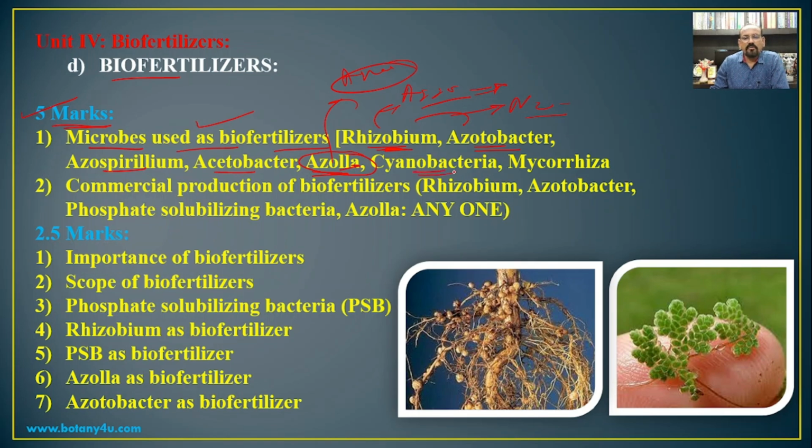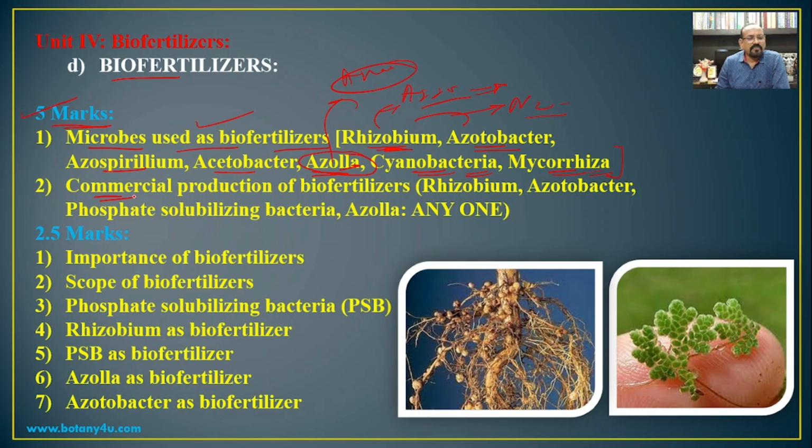Then cyanobacteria that we have seen in unit 1, that is Nostoc, is again used as a nitrogen source biofertilizer. Then mycorrhiza is again used as a biofertilizer as it is involved in the absorption of different minerals.